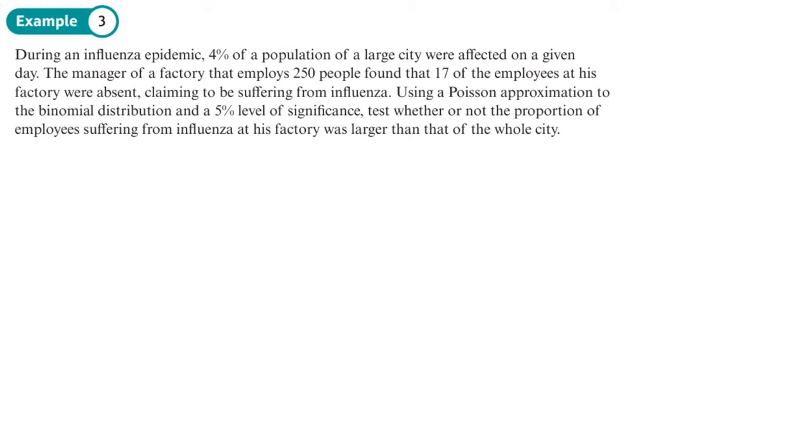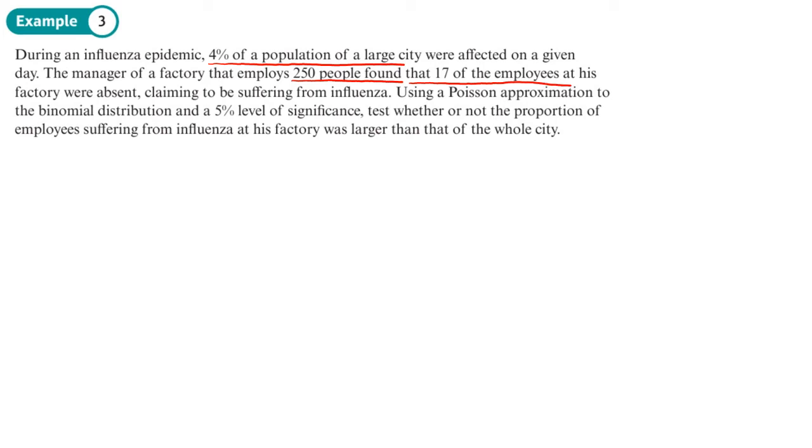Okay, this is another question. During an influenza epidemic, 4% of a population of a large city were affected on a given day. The manager of a factory that employs 215 people found that 17 of the employees at his factory were absent, claiming to be suffering from influenza.